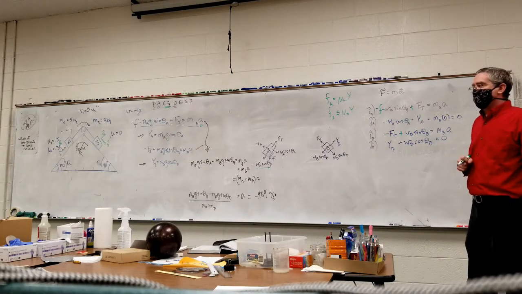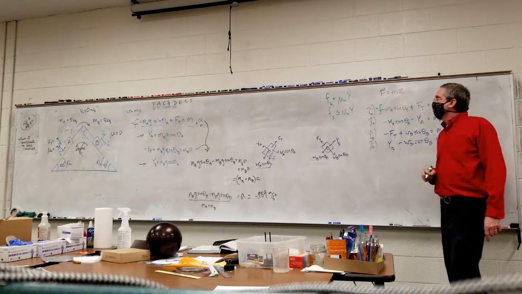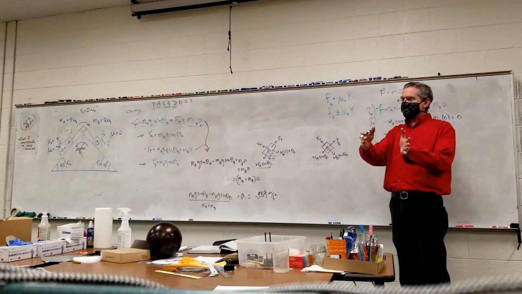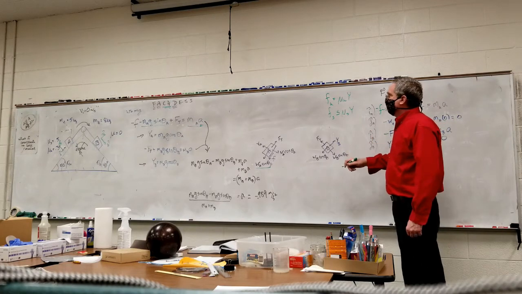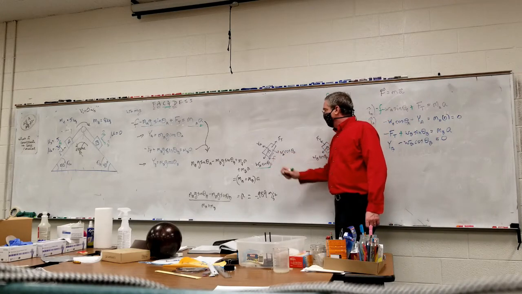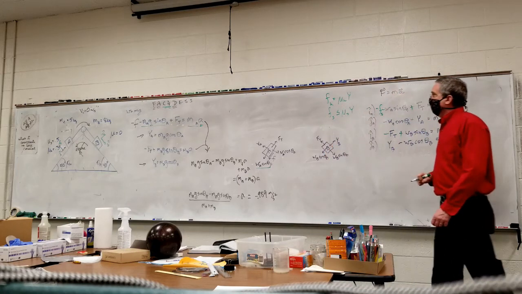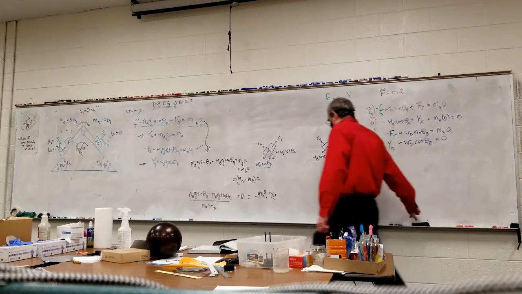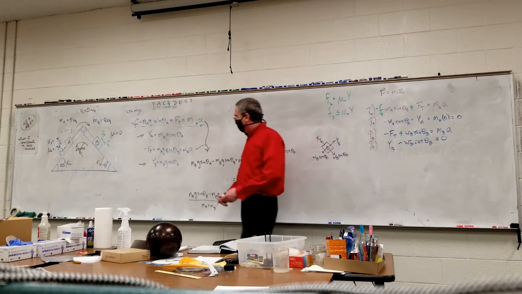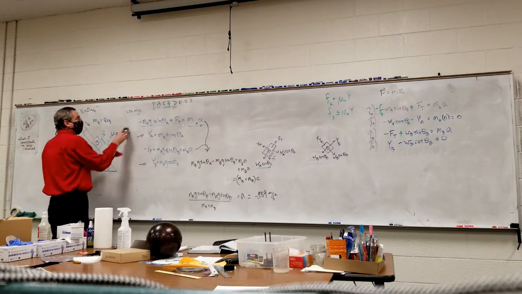When trying to figure out if it's going to move or not, we assume maximum static, because the static friction is always enough to keep it from moving, and so we have to assume the maximum amount. We know which way this thing's actually going to go. We know friction's got to be acting down the ramp. So this F we will assume is F sub S. We make the substitution.